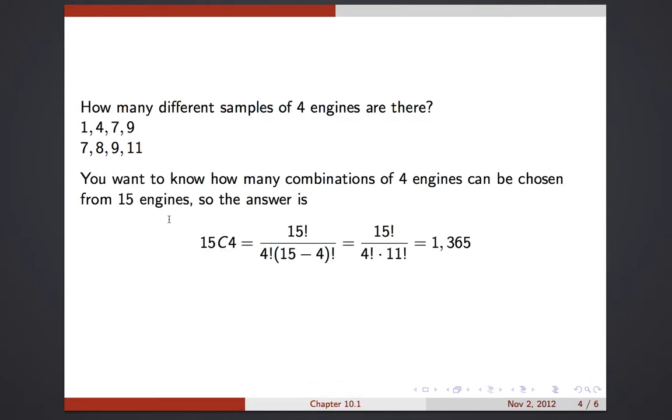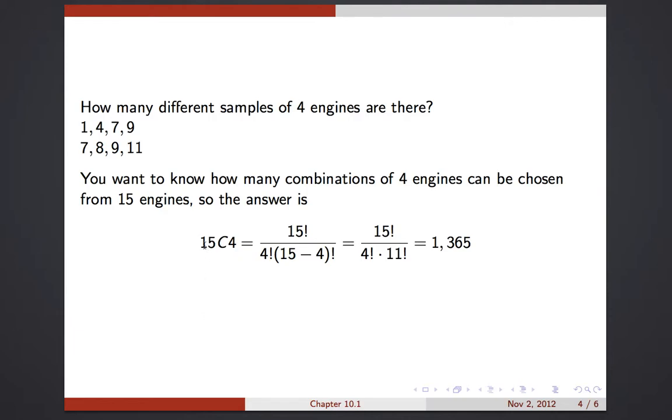So to make the language more formal, to make it match up with what your textbook does, you want to know how many combinations of 4 engines you can get from 15 engines. So how many ways can I choose 4 engines from a total of 15 engines? Well, the answer is 15 choose 4. And I think this is the notation your book uses.